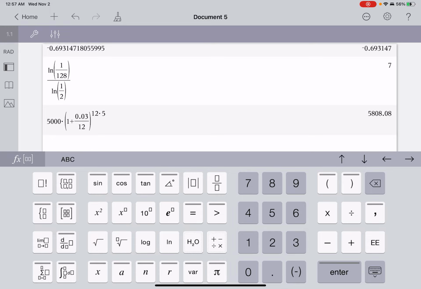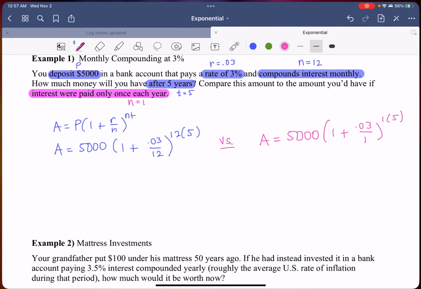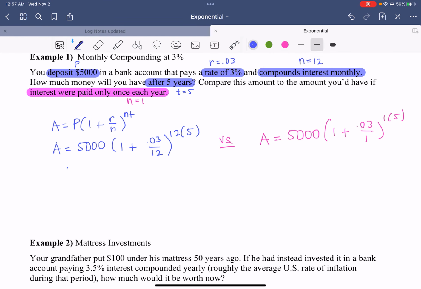You get 5808.08. That's for the purple one. And this is a dollar amount, so make sure you put your money symbol. $5,808.08.